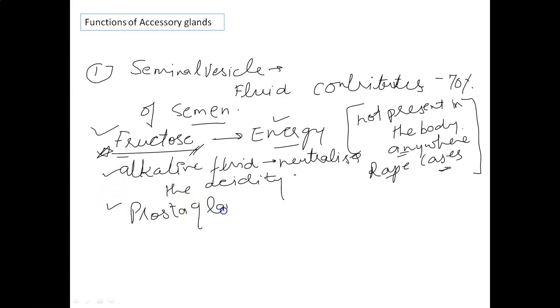prostaglandins. The prostaglandins present are hormone-like structures. They have a role in lowering the female immune response to the semen. So prostaglandins are secreted by the seminal vesicle. Please remember that prostaglandins are not secreted by the prostate gland, but by the seminal vesicle.